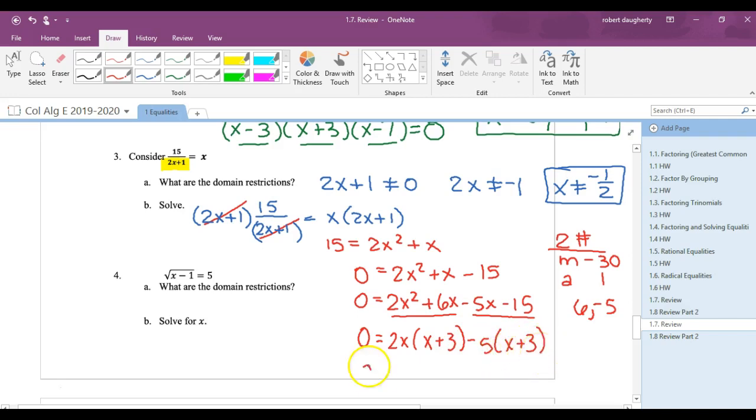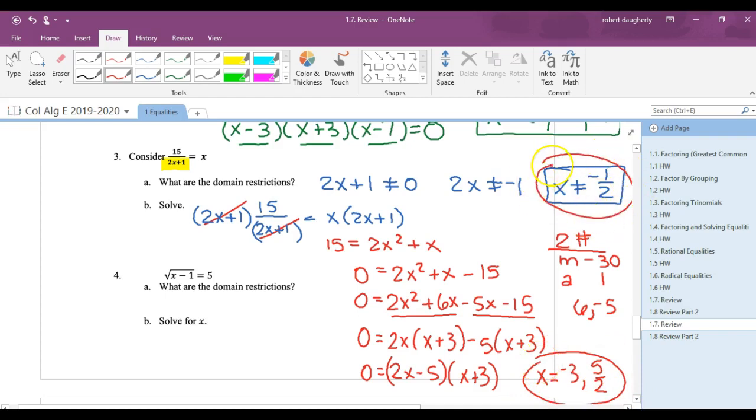That gives me 0 equal 2x minus 5 times x plus 3. Setting each of those equal to 0, I get x equal -3 or 5/2. And neither of those violates this condition. So both of those answers are good.